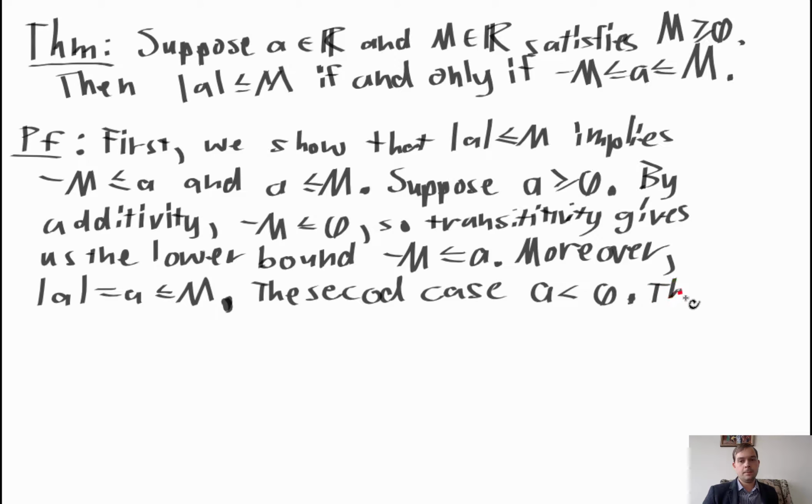Well then, minus a is equal to the absolute value of a, which is less than or equal to m. So when we add minus m and a to both sides of this inequality, we'll get from the additive property that minus m is less than or equal to a. So we've established that first inequality.